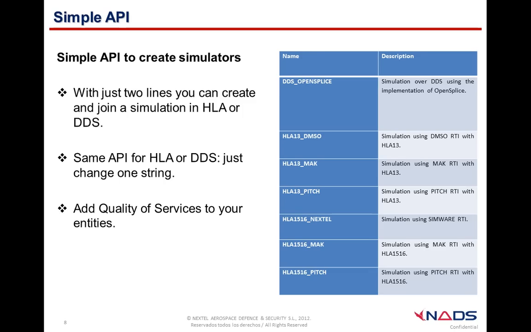You only have to change one string, that is the transport type. You can choose between DDS OpenSplice, that is a brand of DDS, HLA MAK, HLA Pitch, etc. Also, you can add quality of services to your entities with this API.